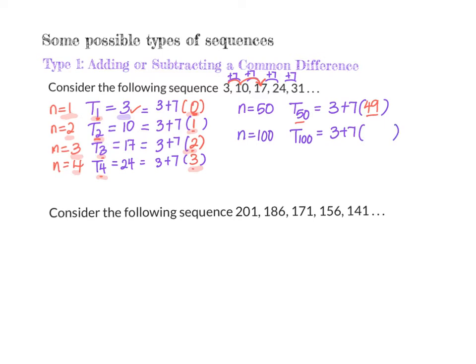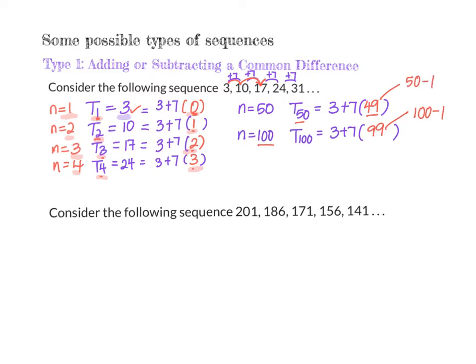This is term 100, but I added 99 times. How did I get 99? This came from 100 minus 1. How did I get 49? This came from 50 minus 1.